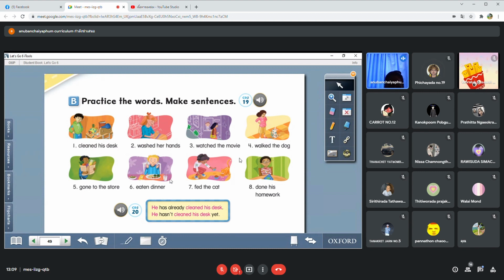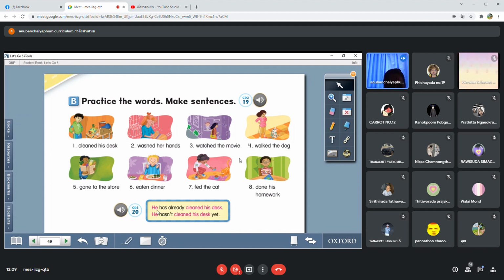So, can you please tell me the sentence using clean his desk, number one, in present perfect tense, as you can see here, and we have the time expressions already and yet. So how are we going to make a sentence in number one?